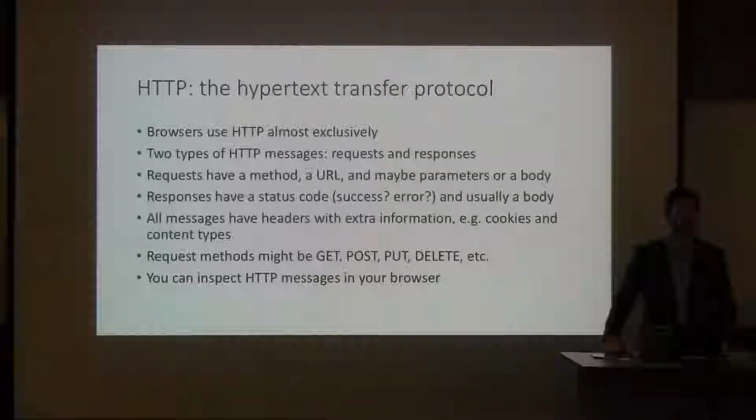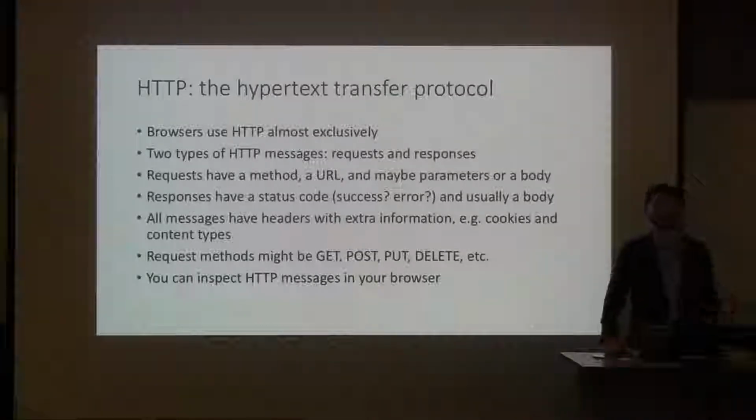And a common one that we'll see with APIs is JSON, and we'll get into what that looks like in a minute. But one of the most common content types would be text HTML. That would be for if you're just requesting an HTML document, the content type would be text HTML. And that's just a way to say, this is how you should interpret the data that I'm sending you.